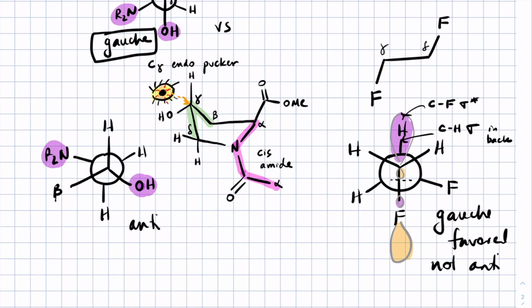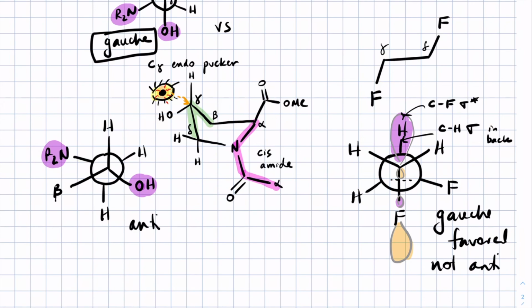Who knows rule number, what is it? Rule number electronegativity in our QMOT approach. Fluorine's electronegative, and orbitals that are on more electronegative atoms are therefore lower in energy. So the carbon-fluorine sigma bond should be lower in energy than the carbon-hydrogen sigma bond, making the carbon-hydrogen bond a better donor for that sigma star.